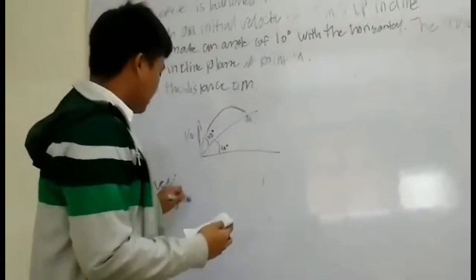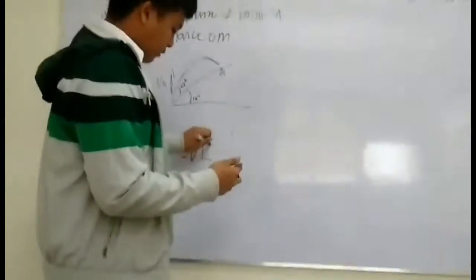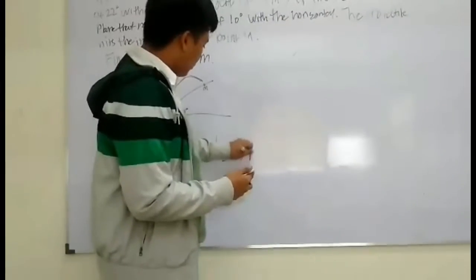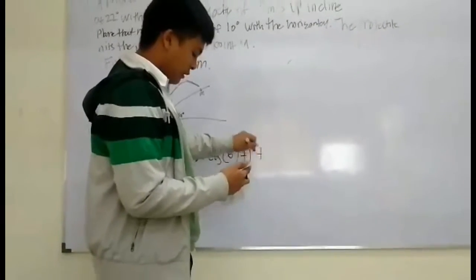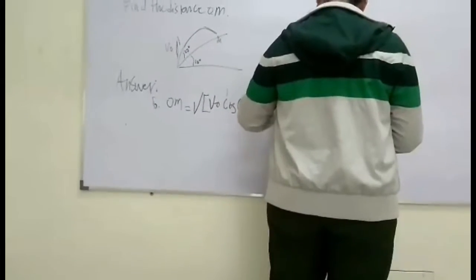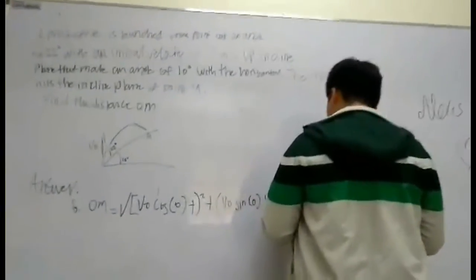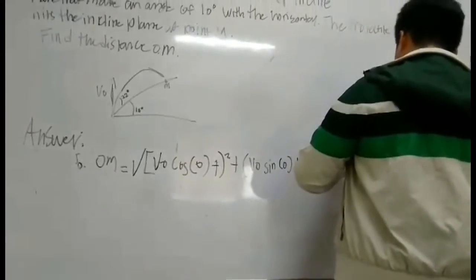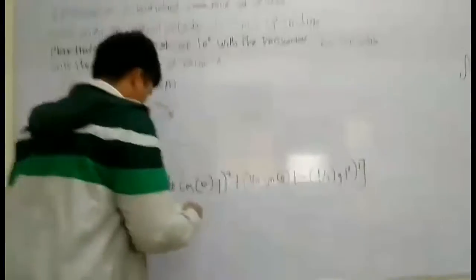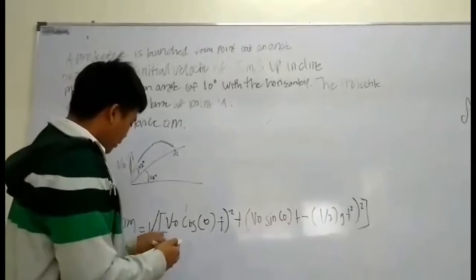Next we compute the letter b, the OM. Thus equals 0 plus minus 1/2 a t squared, where t equals 1.16.